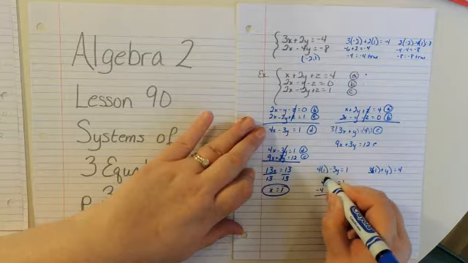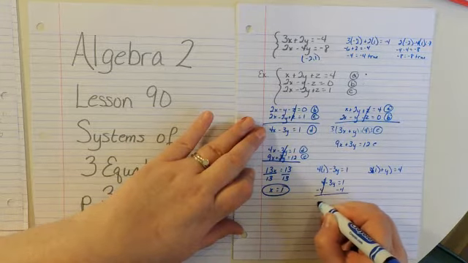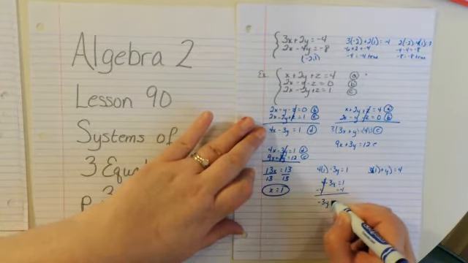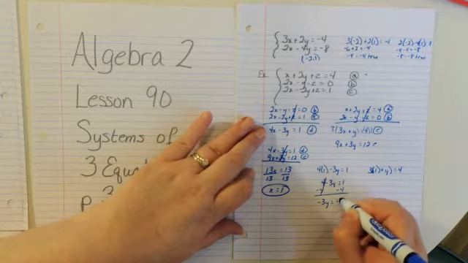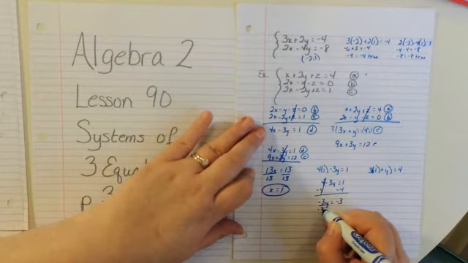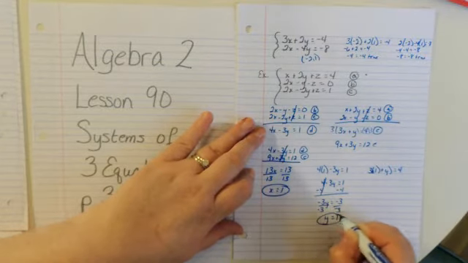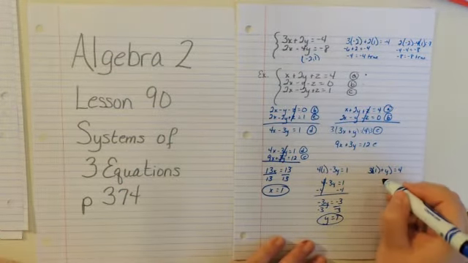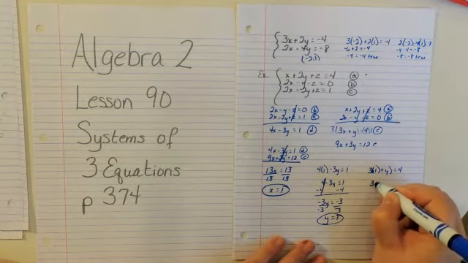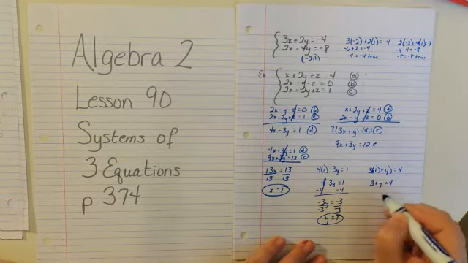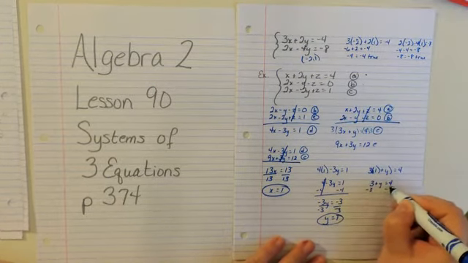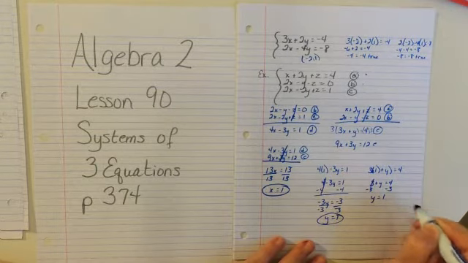We get negative 3y equals negative 3. Divide both sides by negative 3, and y equals 1. Let's check that over here. So this is 3 plus y equals 4, y equals 1.